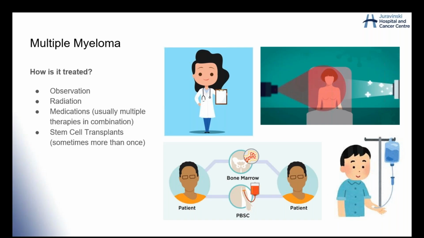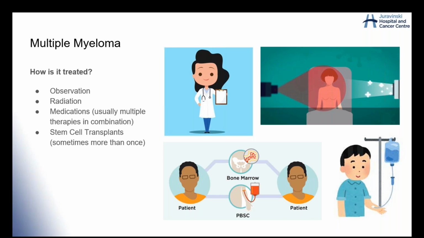Multiple myeloma is treated in different ways depending on how severe it is or where we are in the journey of multiple myeloma. We sometimes use observation when we have really early disease like MGUS. Some of you might have heard of MGUS.